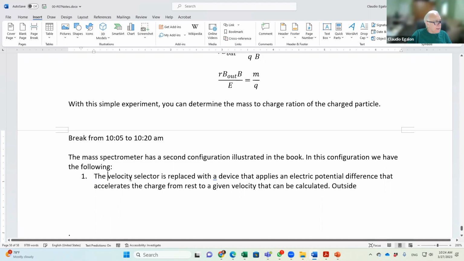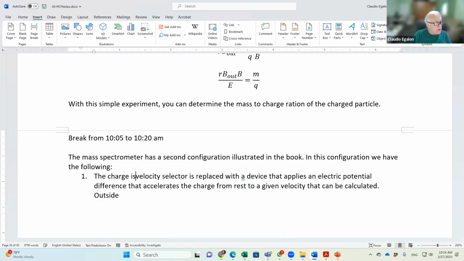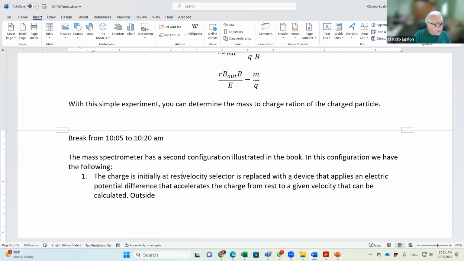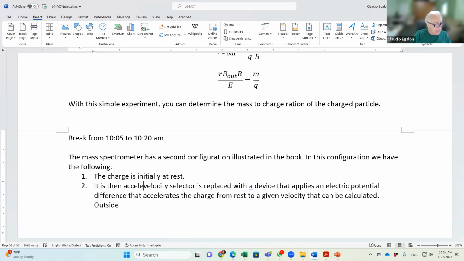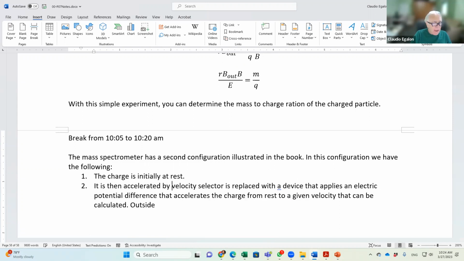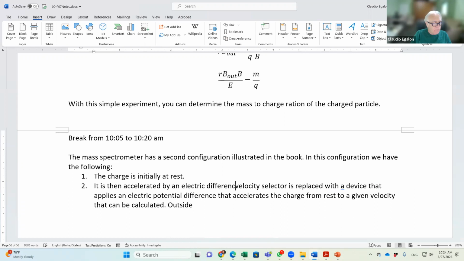The charge is initially at rest. It is then accelerated by an electric potential difference. It's like a battery.